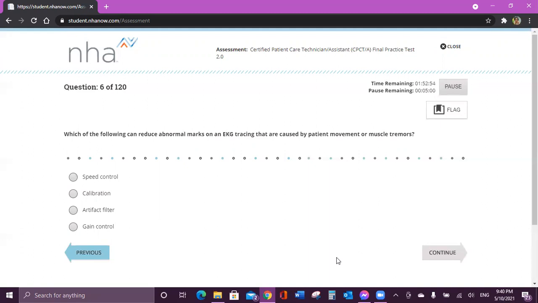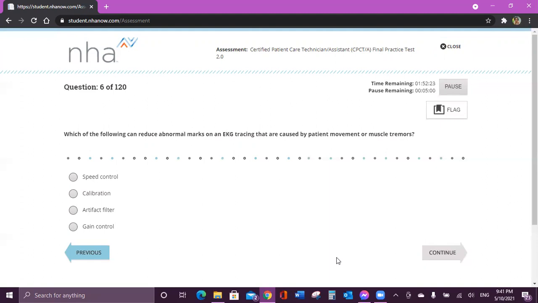Calibration no es, el speed no creo, y el gen no es. So yo creo que la C, artifact filter. Yo creo que la A, speed control. Porque dice, which of the following can reduce abnormal marks on EKG tracing caused by patient movement or muscular tremor.